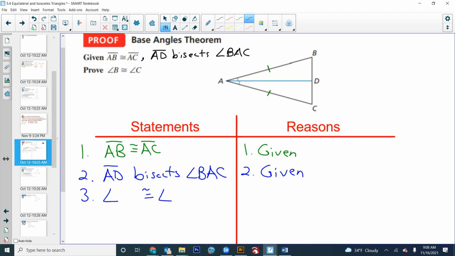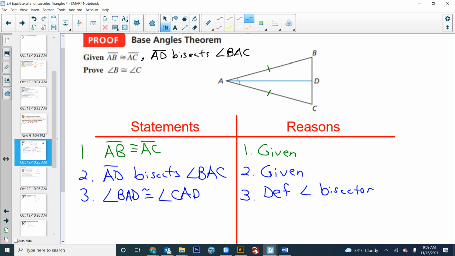What two angles are congruent because of the bisector? Angle BAD and CAD. Definition of angle bisector. If you just put bisector, I'd give you credit.